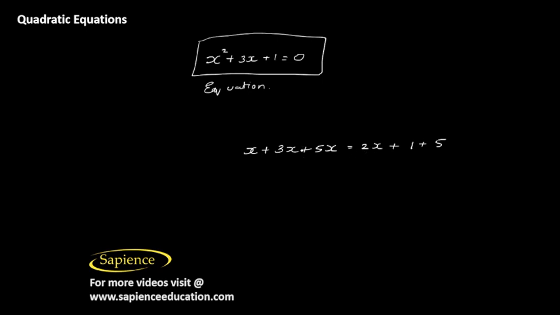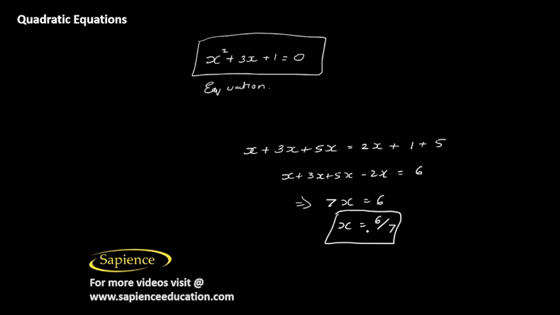Let us take all the x variables to the left hand side. So x plus 3x plus 5x minus 2x equal to 5 plus 1, that is 6. 7x equal to 6. So x equal to 6 by 7.